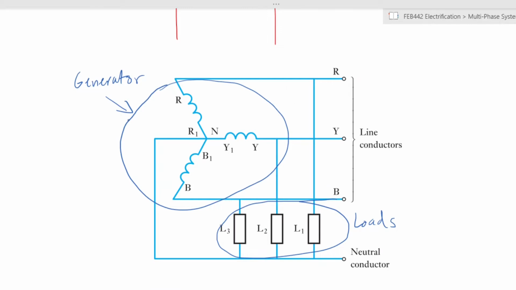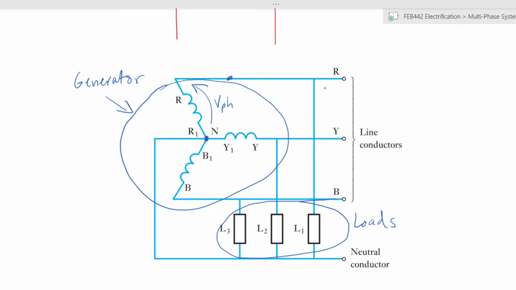Okay. So let's look at the case of our star connection. So you have your generator or your machine there, and you have your loads. So what are the voltages that are seen? The voltage that is seen in the windings or in the machine itself, which are the phase voltages, are there. All right. So the phase voltage is this point for the red and that point.